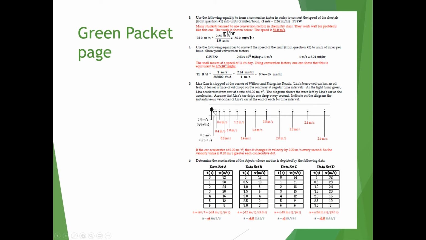So if she starts at rest, the next second she'll be at 0.2. And then the following second, she'll add 0.2 to that and be at 0.4 meters per second. The next second, she'll be at 0.6. Next second at 0.8. Next second at 1. Next second at 1.2, etc., all the way through all of this. So this is just trying to help you remember the definition of acceleration.